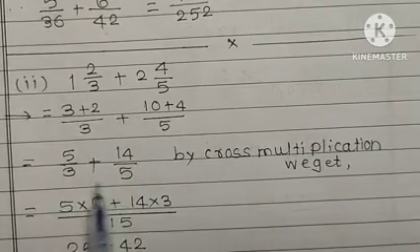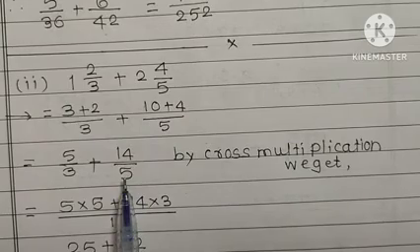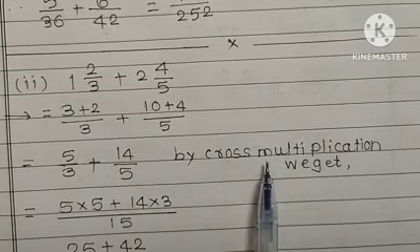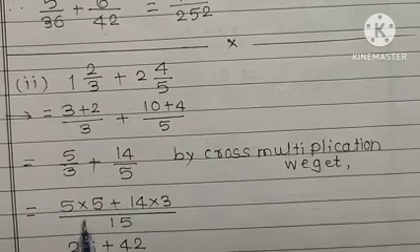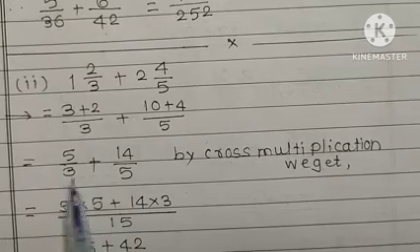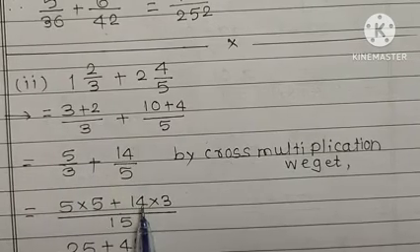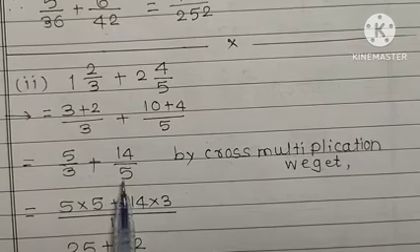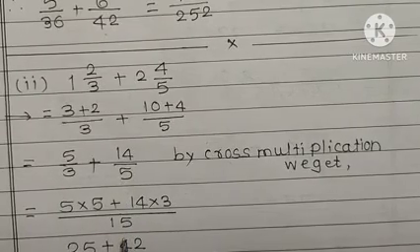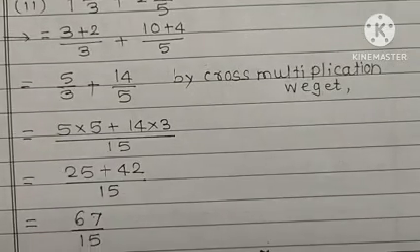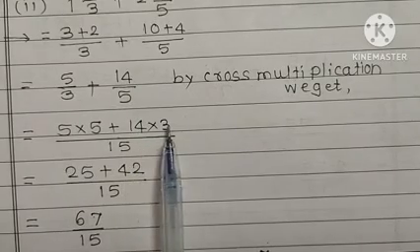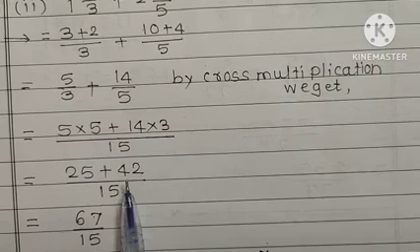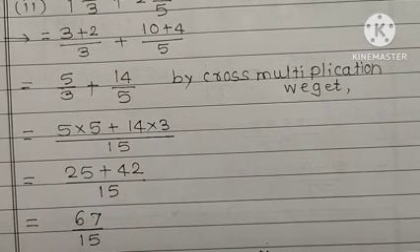These two numbers are very small, therefore we can use the cross multiplication method. So 5 into 5, this is cross multiplication, plus 3 into 14 upon 3 into 5, that is 15. Now 5 into 5, 25, plus 14 into 3, that is 42, upon 15 as it is.